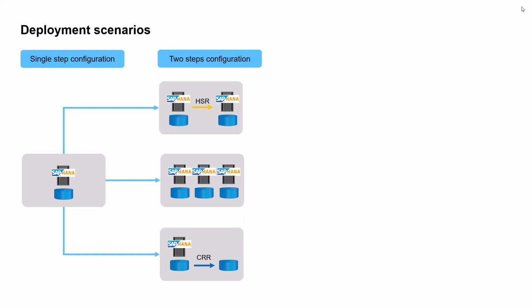Any configuration always starts with the volume provisioning for a HANA single host system. A single host system can then be extended in a second step to a multiple host system, a HANA System Replication setup, or a DR solution using ANF cross-region replication.